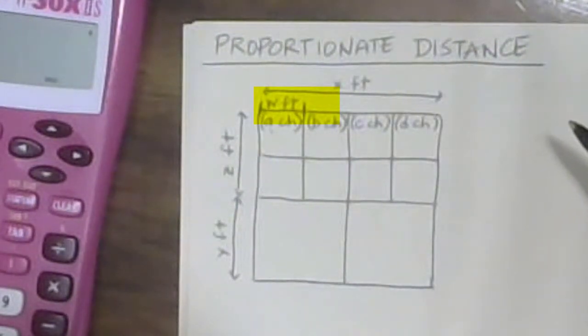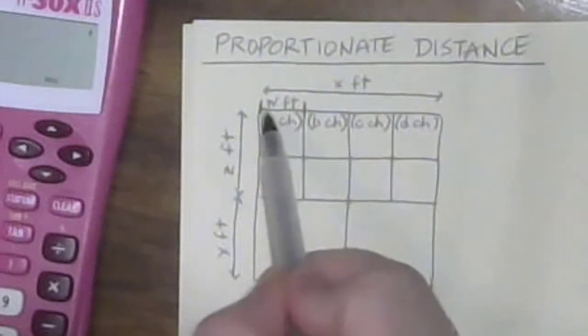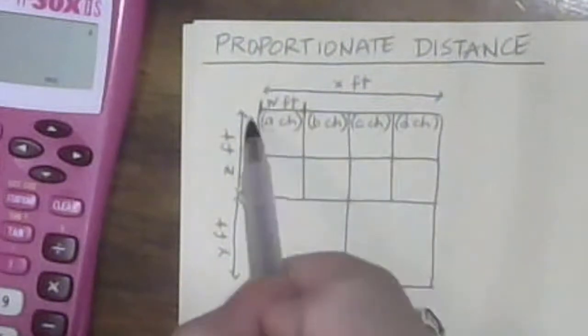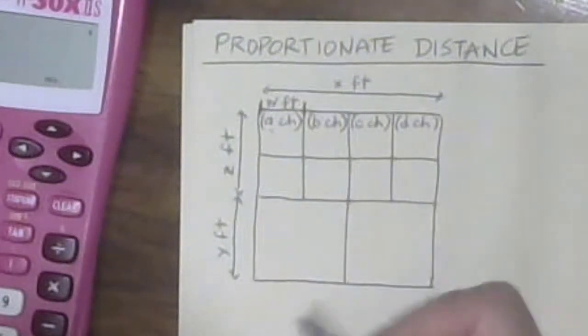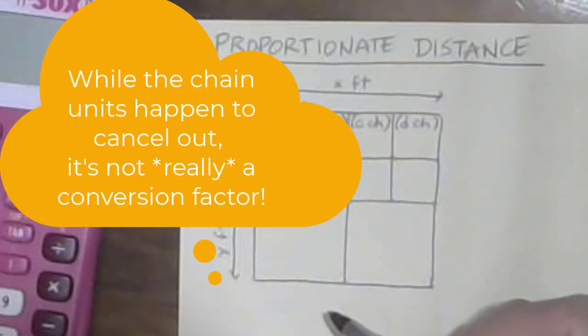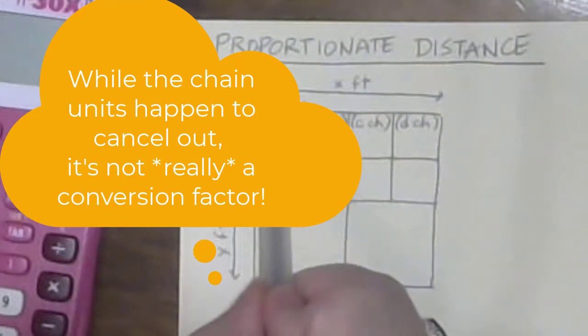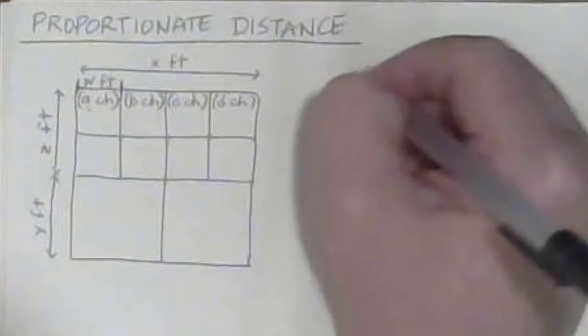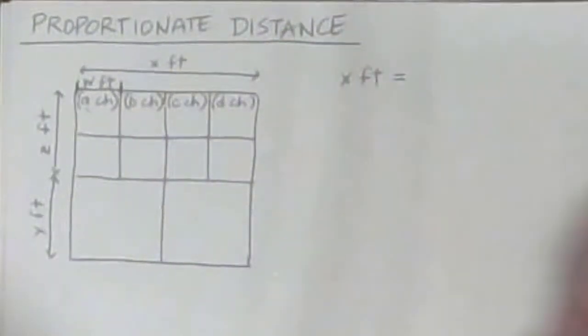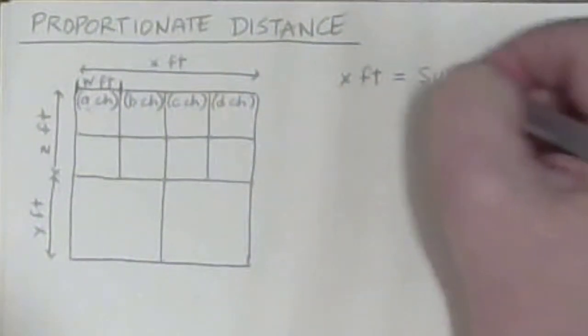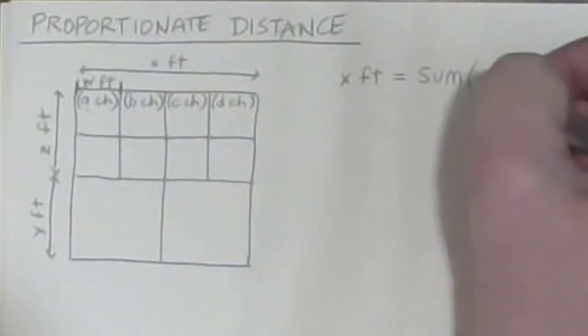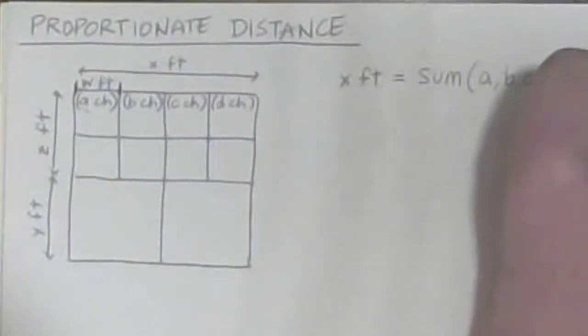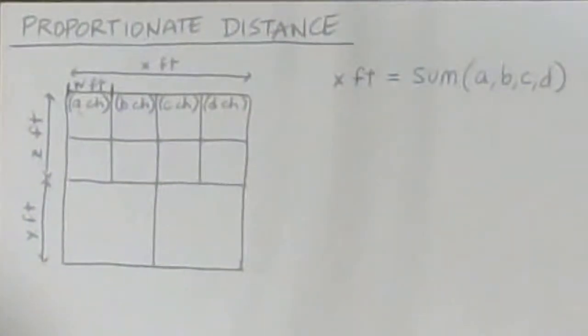This is actually just a whole thing about proportions. We're going to turn the chain lengths effectively into a conversion factor. Because think about it, this x feet equals the sum of A, B, C, and D chains.